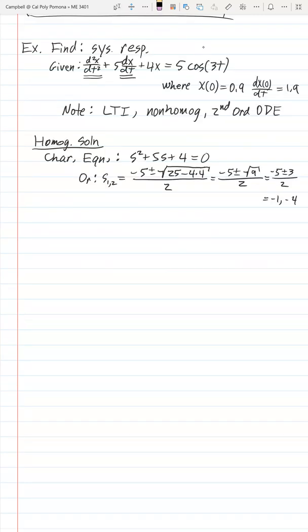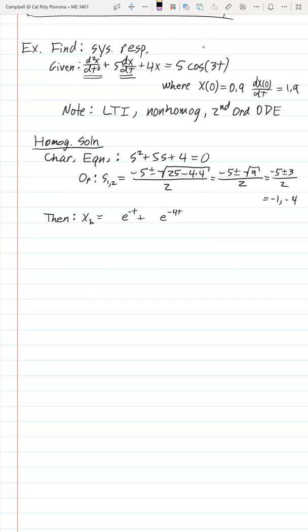So going back to our case 1 and recognizing that our basis functions associated with case 1 are just, and here we'll leave room for the arbitrary constants, e to the -t. Here I'll just write that as e to the -t plus our next arbitrary constant. So that's our first basis function, e to the -4t.